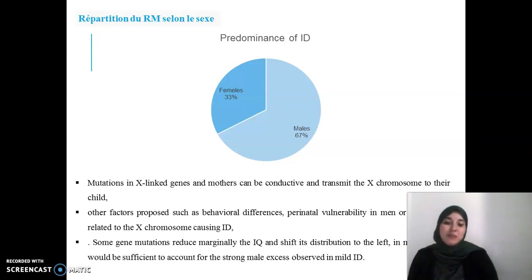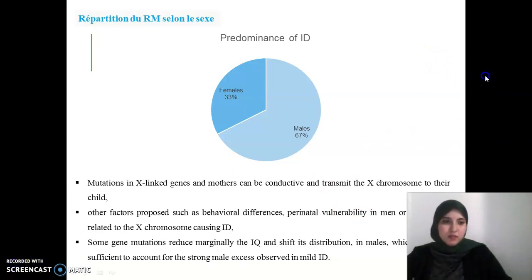In addition, some gene mutations marginally reduce the IQ and shift its distribution in males, which would be sufficient to account for the strong male excess observed in mild ID.